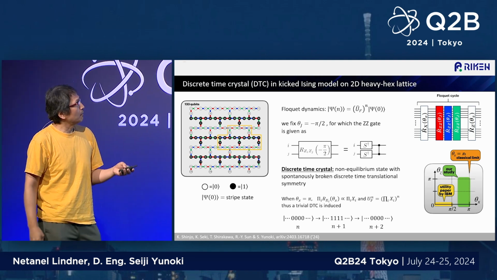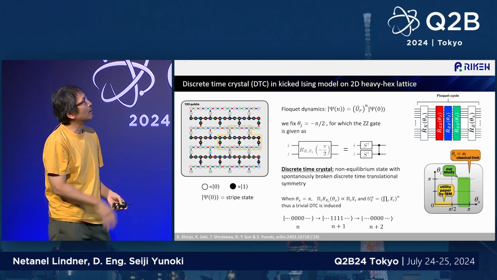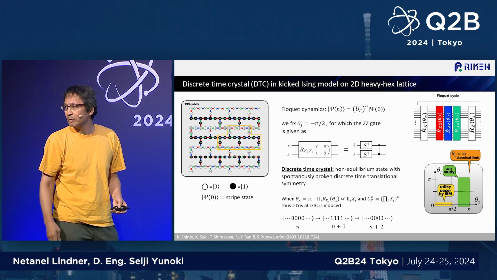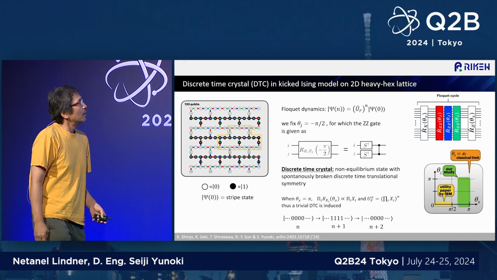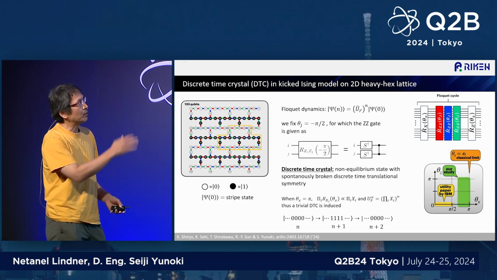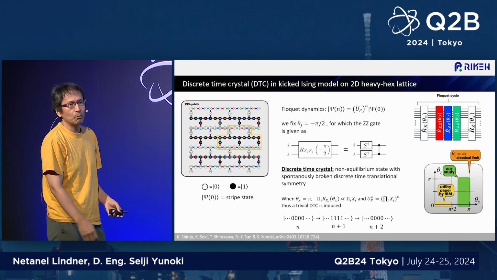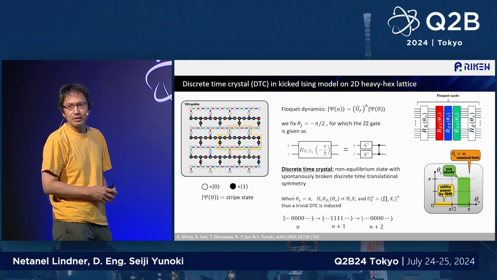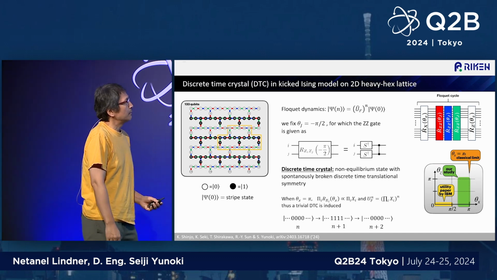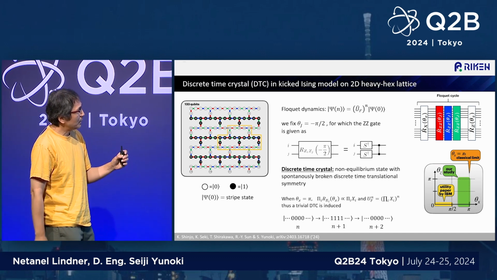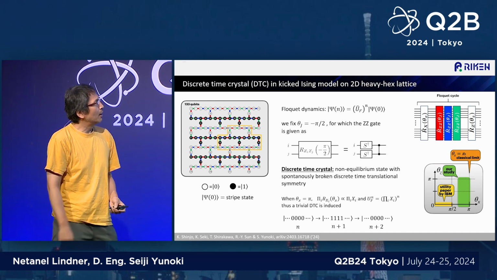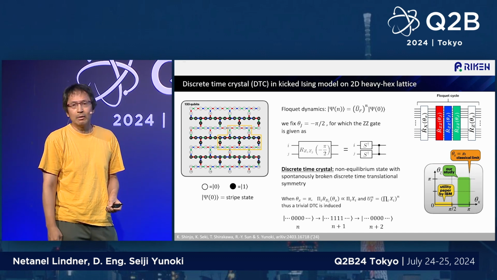We studied Floquet dynamics determined by the unitary operator UF, which was already introduced by Netanel. And of course, we fixed the Z rotation angle at particular values so that the dynamics is completely determined by the two parameters, theta x and theta z. And one thing that one should notice is that when theta x is pi, the dynamics shows a trivial DTC.